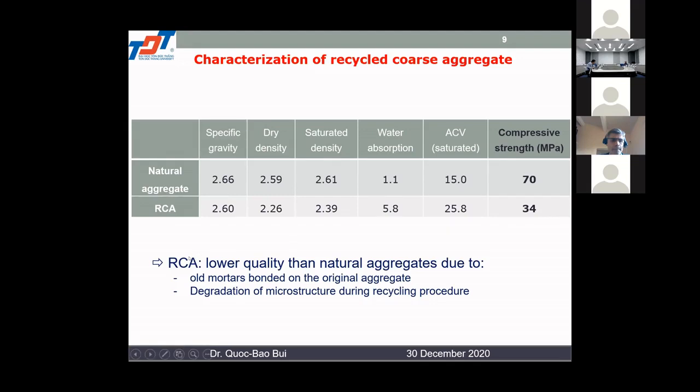Recycled aggregate has lower quality than natural aggregate due to the old mortar bonded on the original aggregate, and you know the mortar has a lower quality than the concrete. And the second is that there is some degradation of microstructure during the recycling procedure. For example, crushing can cause some micro cracking on the aggregate.